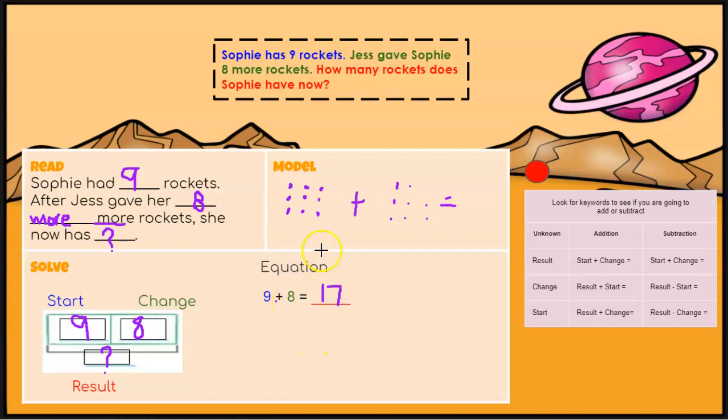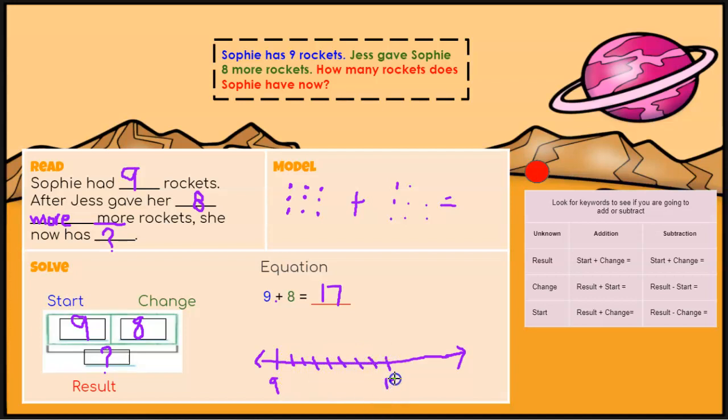Or if you like to use a number line for your model, you can also use a number line because I heard some of you love to use the number line, which is fine. So you can write a 9 and do 1, 2, 3, 4, 5, 6, 7, 8, and then count 9, 10, 11, 12, 13, 14, 15, 16, 17.